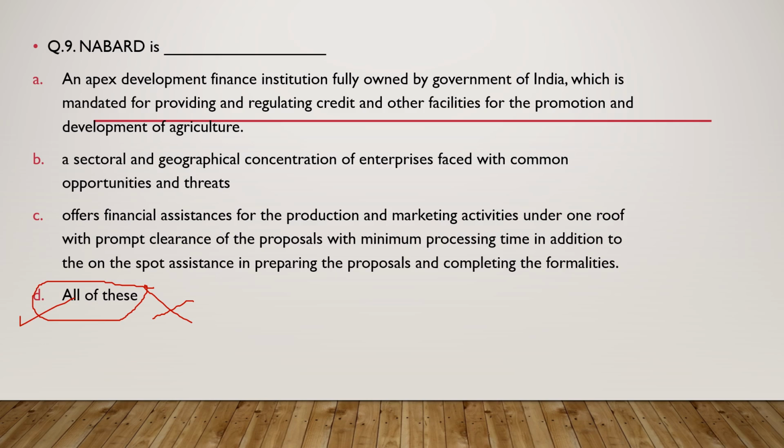The correct answer for this is that it is an apex development financial institution. They may ask the long form of NABARD, or they will ask the objective of NABARD in entrepreneurship.